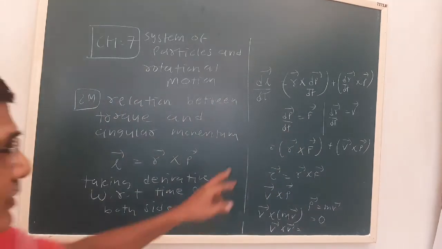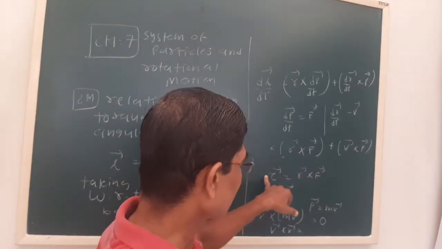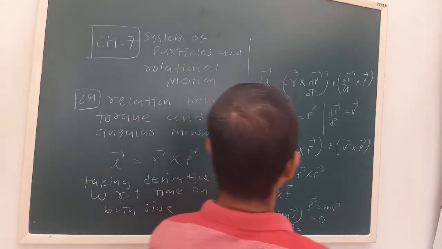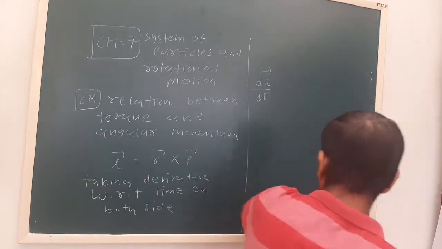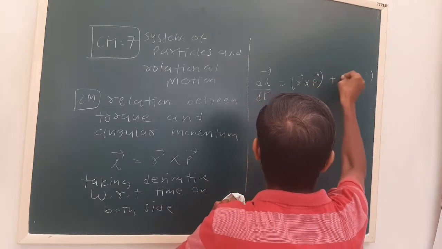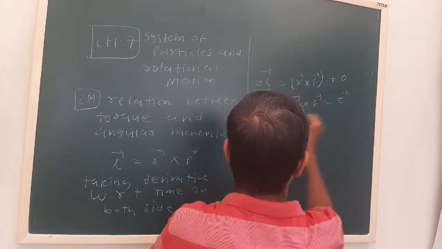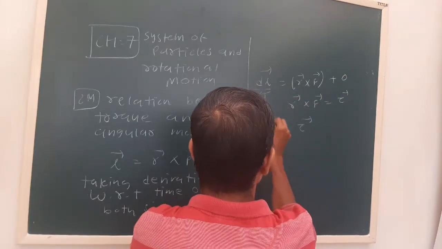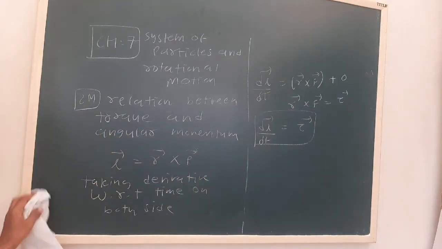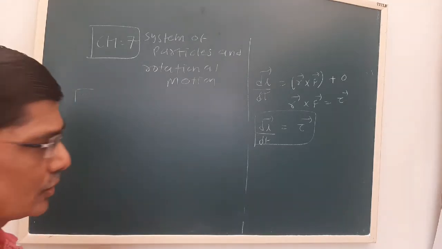So here r cross F is nothing but torque and v cross p will be 0. So dL by dt is torque. The time rate of change of angular momentum is equal to torque.